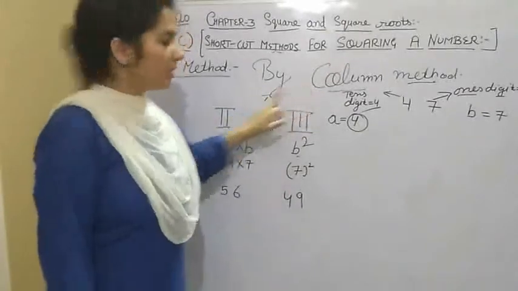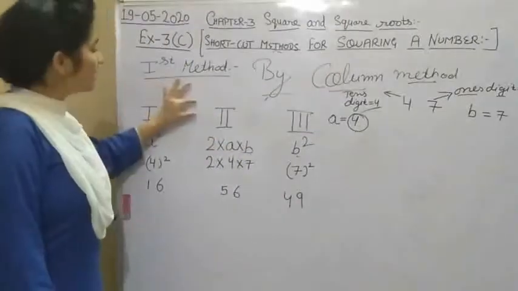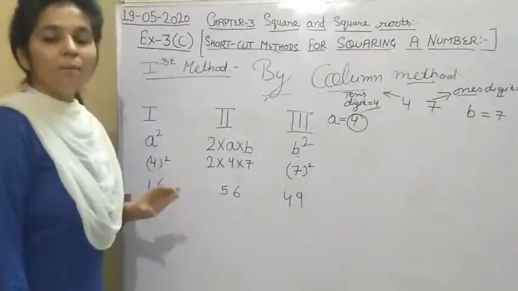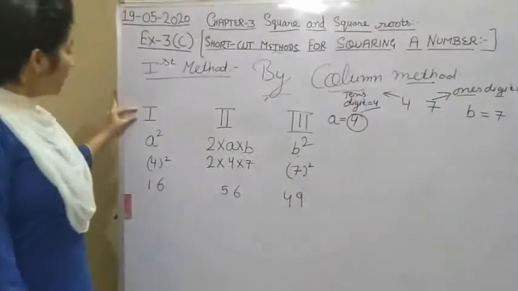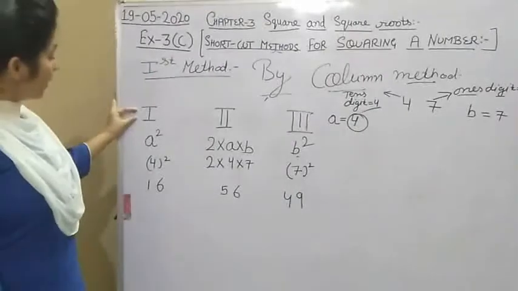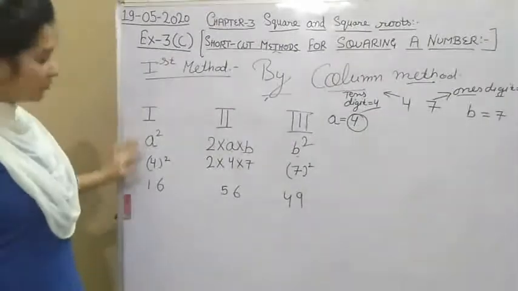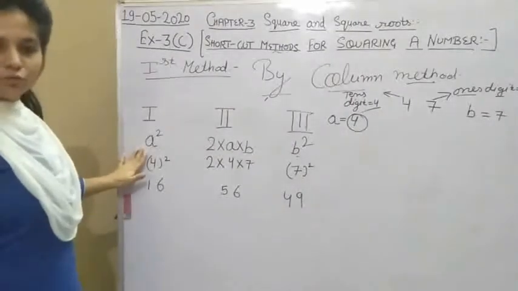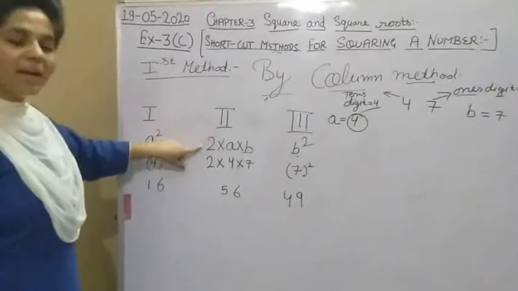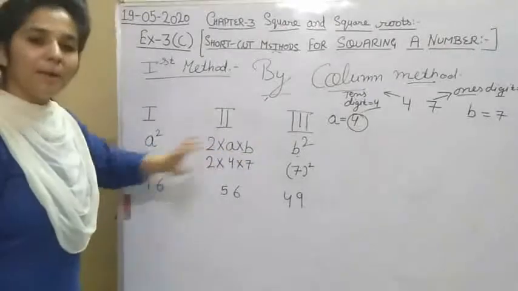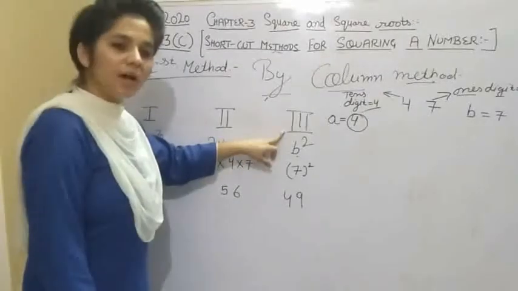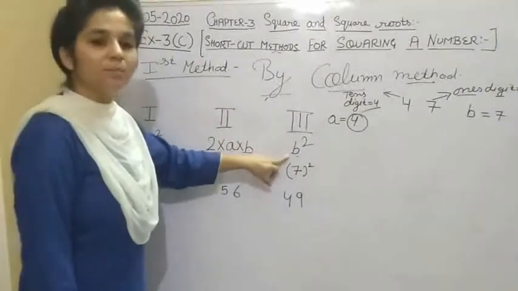Now we will make 3 columns: 1, 2, 3. हमें कितने कॉलम बनाने हैं? 3 कॉलम बनाने हैं. In the first column, you will write a square, in the second column, you will write 2 multiply a multiply b, and in the third column, you will write b square.